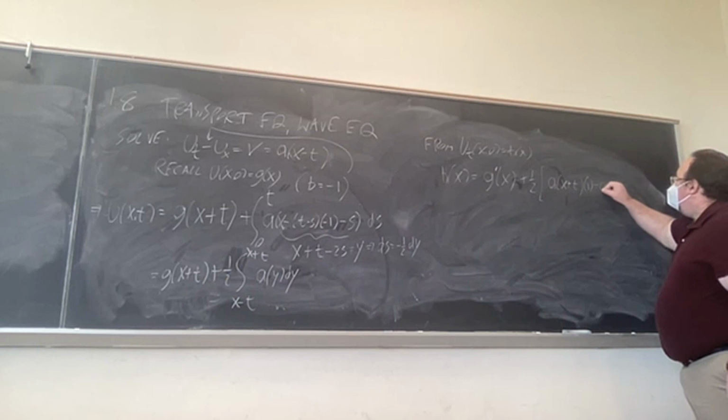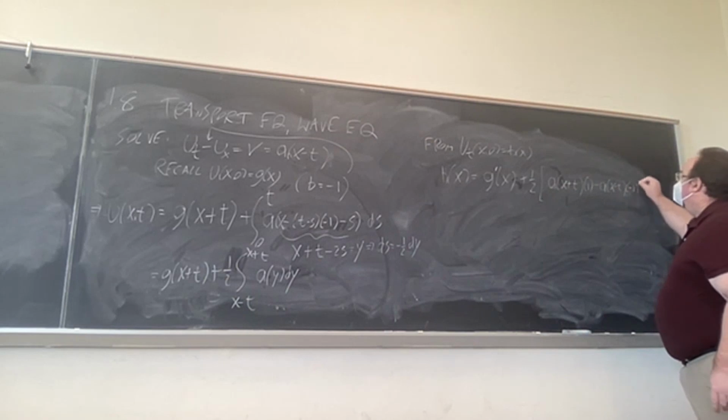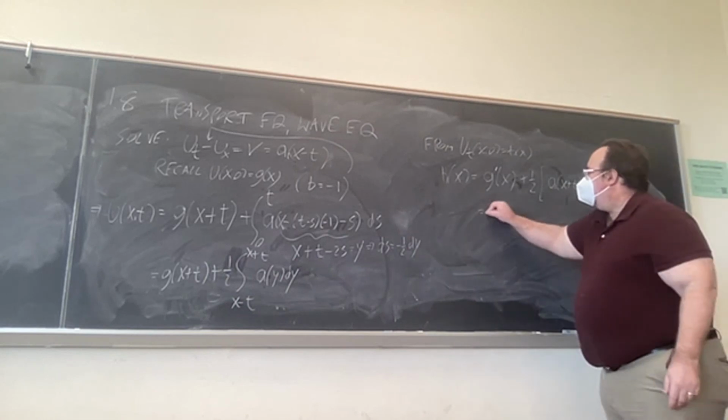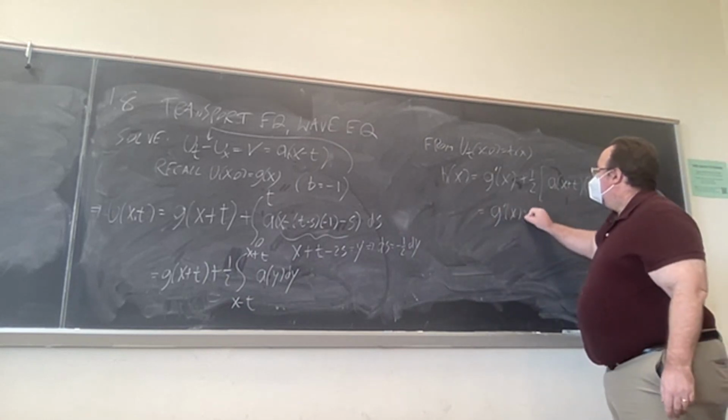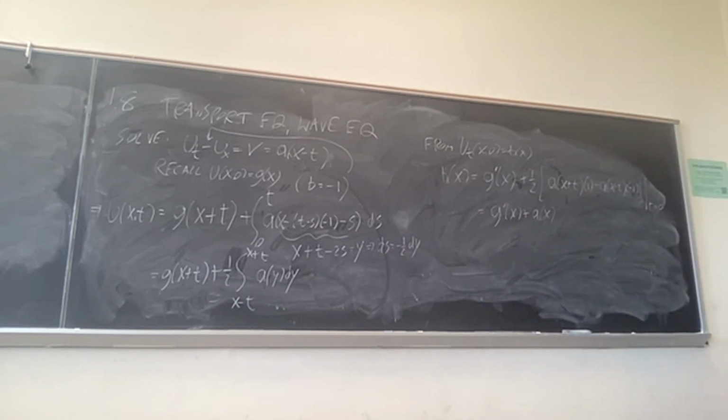And then minus a of x minus t times the derivative of the lower limit with respect to t, which is minus 1, all evaluated at t equals 0. The minus and the minus gives me a plus. So I get g prime plus a of x. So now I know what a is. a is just h minus g prime.